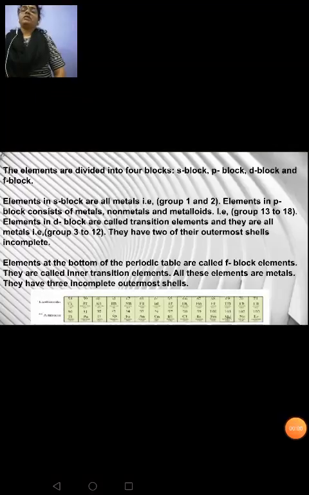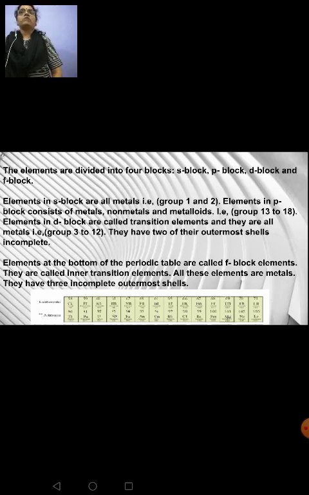Hope it's clear. In the modern periodic table, the elements are divided into 4 blocks, that is S block, P block, D block and F block. Elements belonging to group number 1 and 2 come under S block. Elements belonging to group number 13 to 18 come under P block. Similarly, elements belonging to group number 3 to group number 12 come under D block.